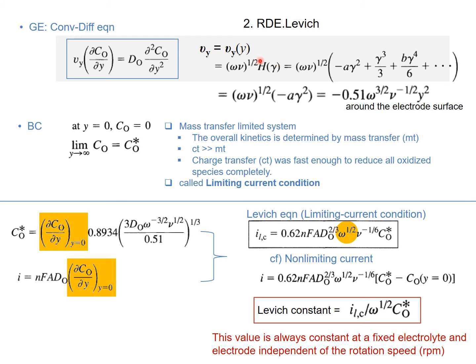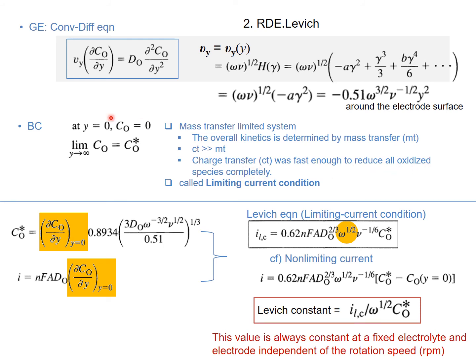And here is the boundary condition. I'd like to think about an extremely mass transfer limited system. It means the overall kinetics is determined by mass transfer. It means charge transfer kinetics is much faster than the kinetics of mass transfer. So charge transfer is fast enough to reduce all oxidized species completely.